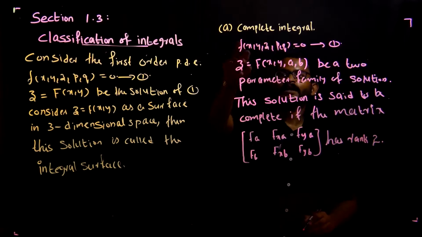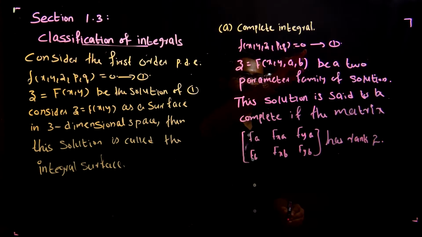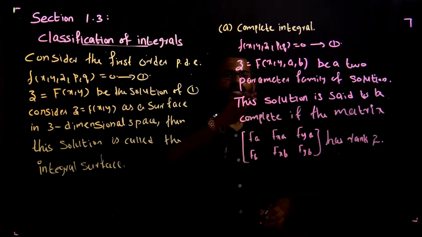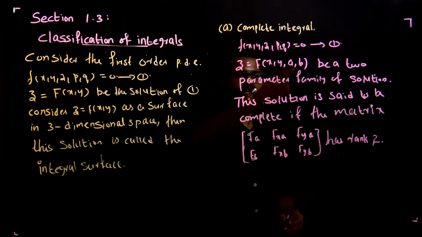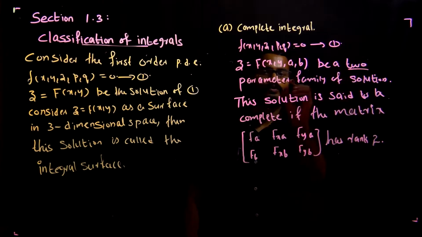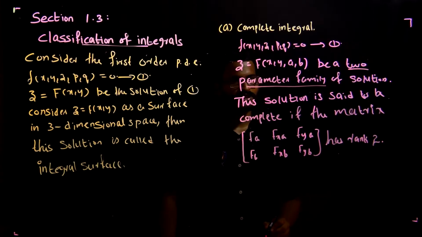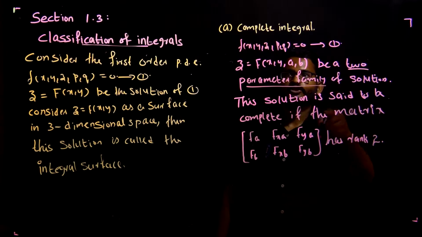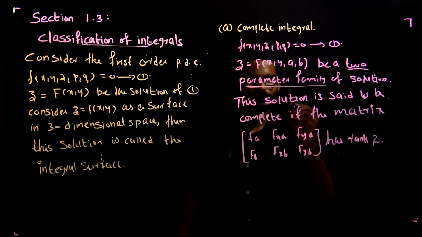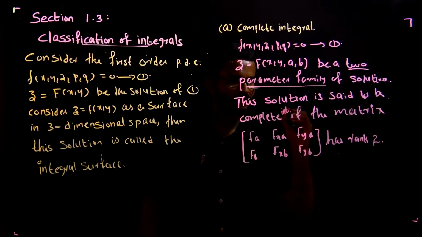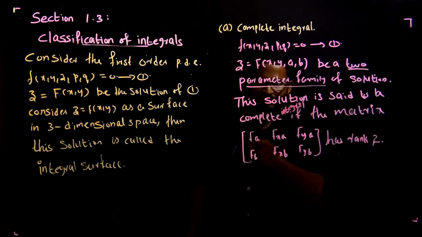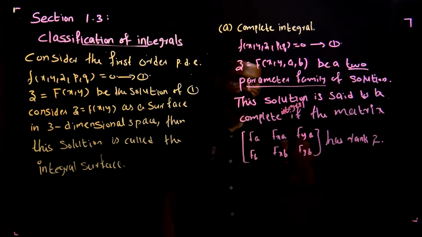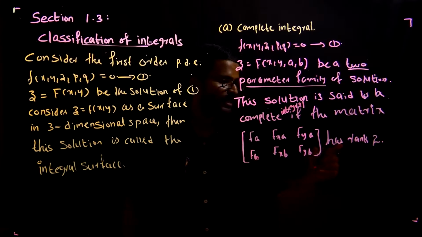That is complete integral. We consider a first order PDE and we suppose z is equal to F of x, y, a, b be a 2-parameter family of solutions, and this 2-parameter family is said to be complete integral if the matrix has rank 2.